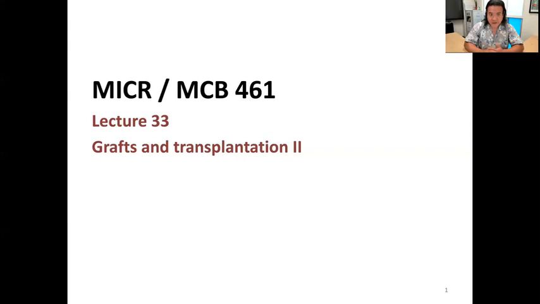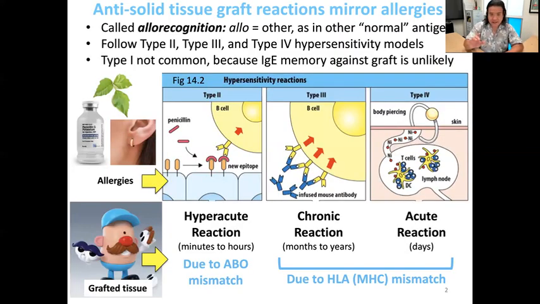We left off last time with our discussion about solid tissues and how there are other challenges beyond just ABO blood types when you consider the transplantation of solid tissues. So this is the slide that we left off at last time. Very quickly, just to recap, we said that blood very much is a tissue. Just because it's blood doesn't mean it's not a tissue, because the definition of tissue is a population of cells in some sort of supporting matrix.